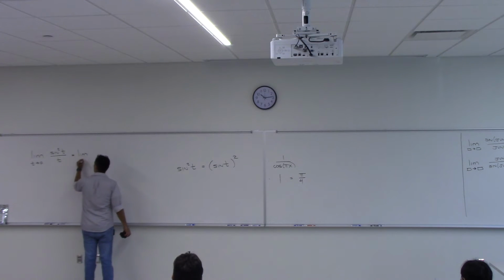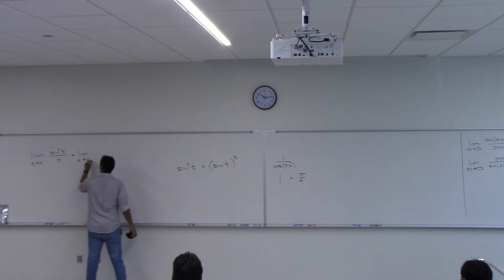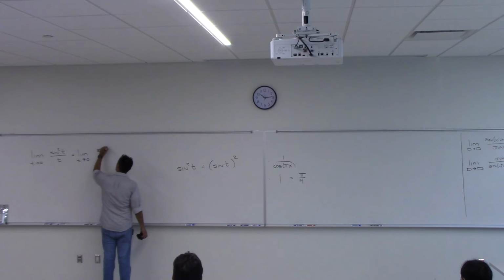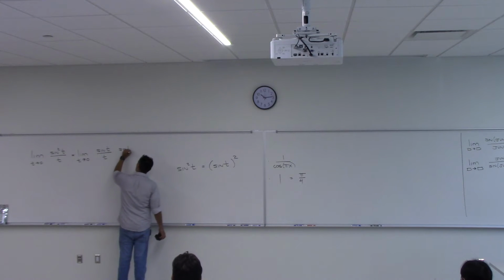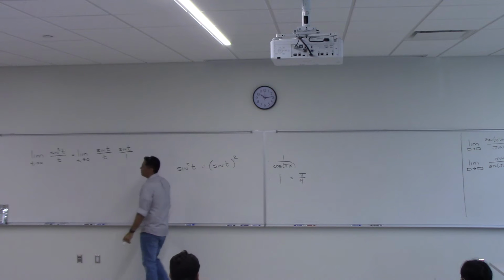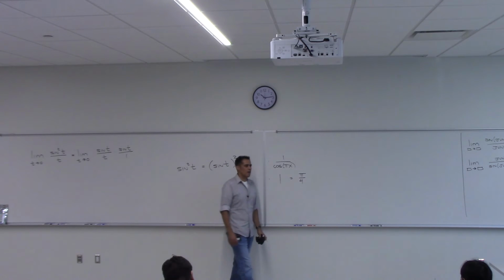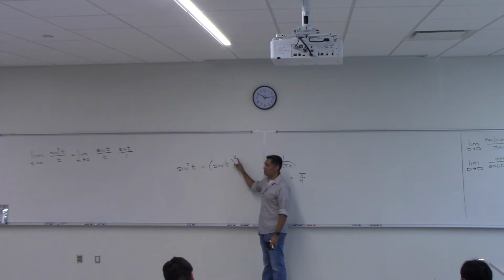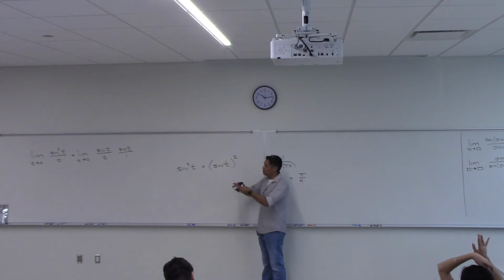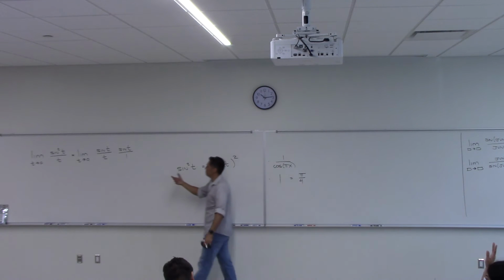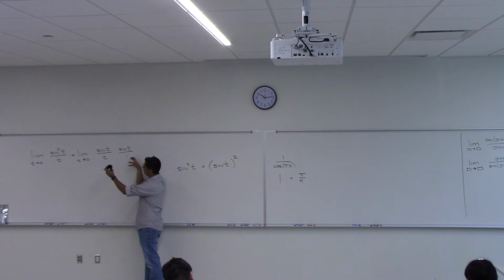Does anyone know what I'm about to do? Split it. Exactly. I'm going to write sine t over t times sine t over 1. Isn't that the same thing? Sine squared on top means sine t times itself, so I just wrote sine t next to sine t and ripped it apart a little bit.